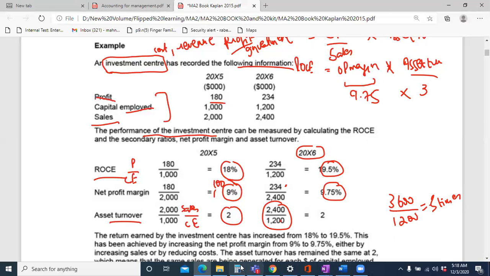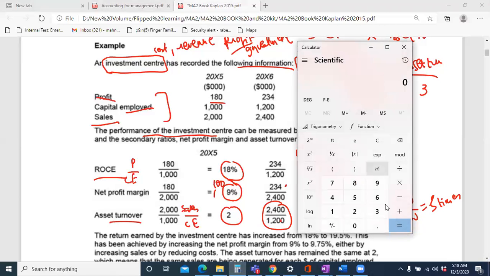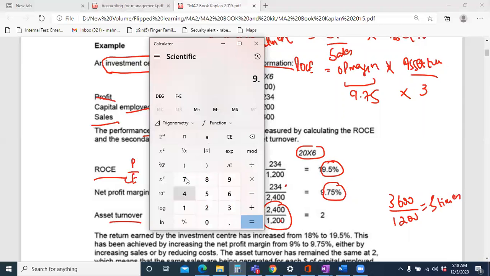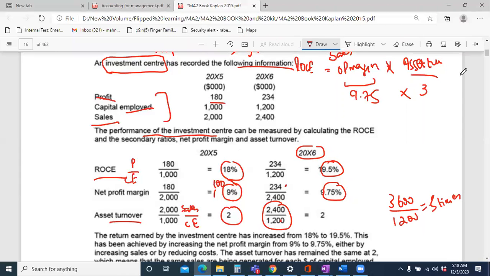Now tell me what would be the return on capital employed in that case. That would be 9.75 into 3, so it would be 29.25 in that case. So if both the asset turnover and the operating profit margin increase, it would automatically increase the return on investment that you are generating. Okay, so that's about it.